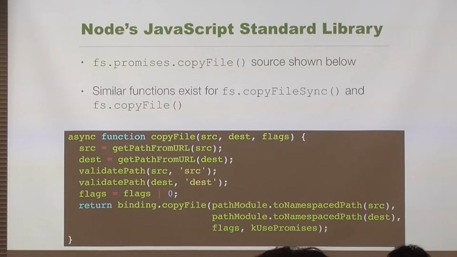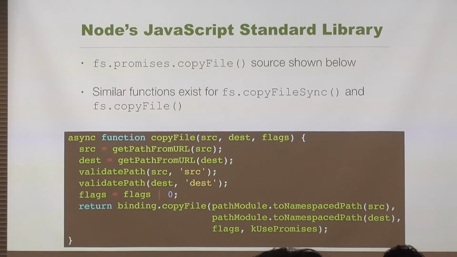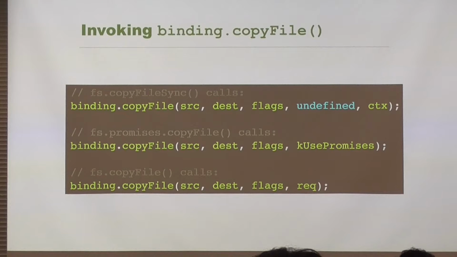And then after we have the flags, we're going to call down into the binding layer, which was the C++ purple layer in the diagram from a few slides ago. So these are what the different calls into the binding layer look like. We're calling the same function, binding.copyFile, but we're passing different arguments into it. So you'll notice all three of them, we pass the source and the destination and the flags.